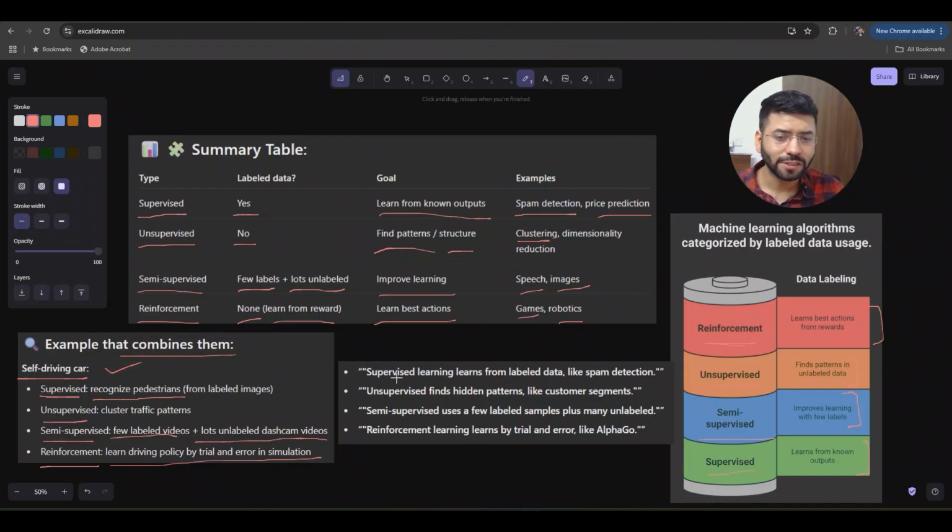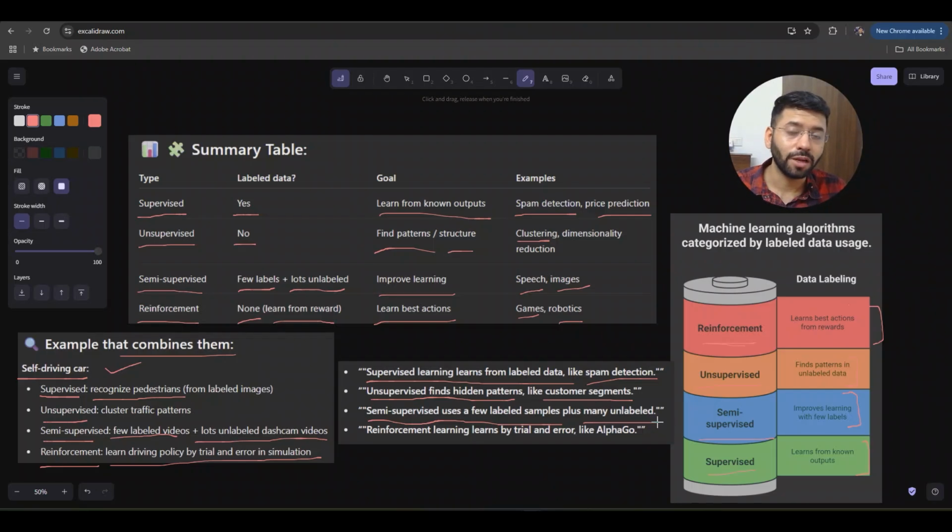So giving you a brief summary, supervised learning learns from the labeled data. The example could be spam detection. The unsupervised finds the hidden patterns like customer segments because there is no labeled data in it. The semi-supervised uses a few labeled samples plus many unlabeled samples because it has the combination of both a small amount of labeled data and a huge amount of unlabeled data.